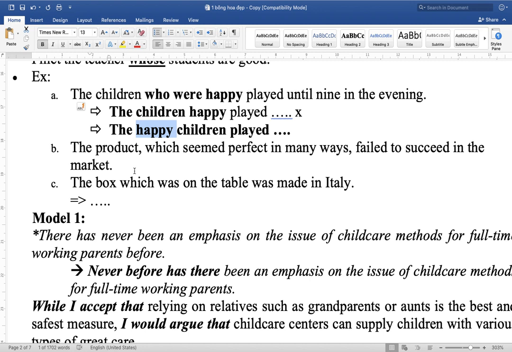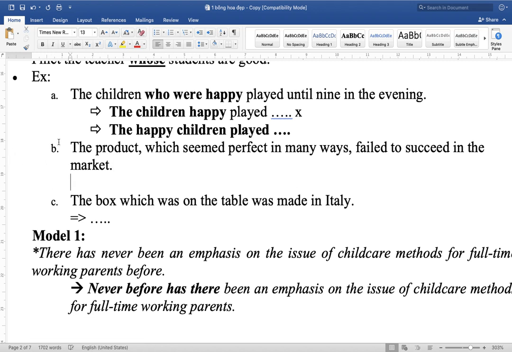Okay, next one. The product would seem. So some of you will write the product seeming perfect in many ways. To the end, this is okay, but I don't recommend you use it in this way.